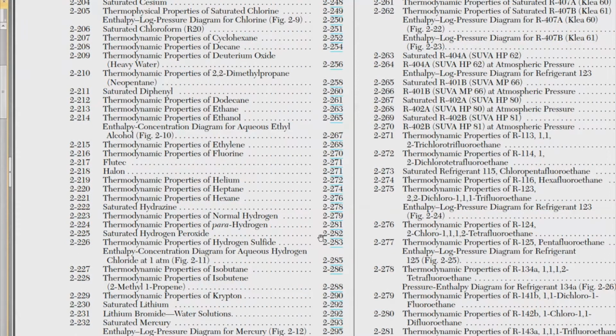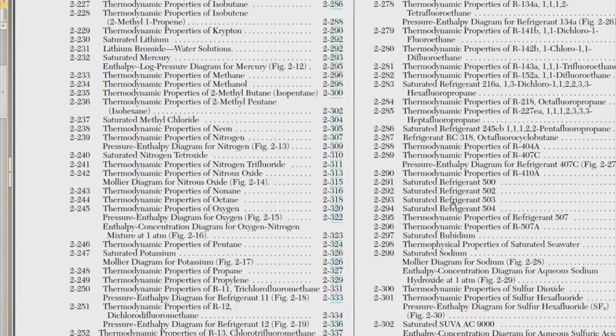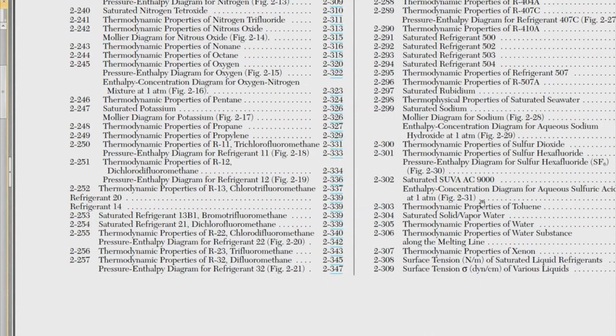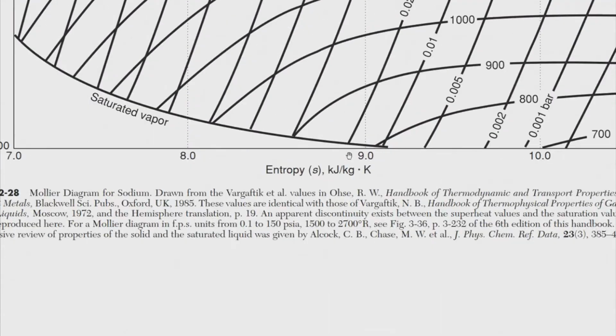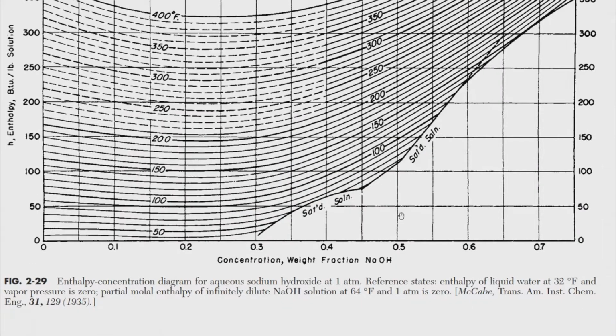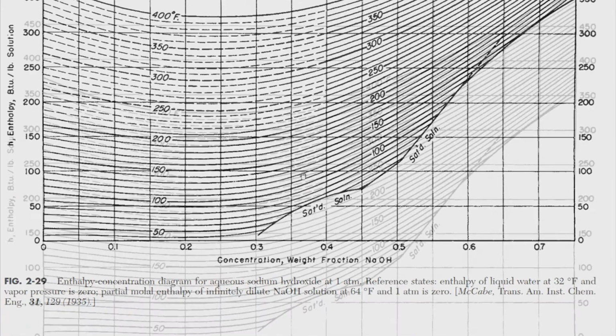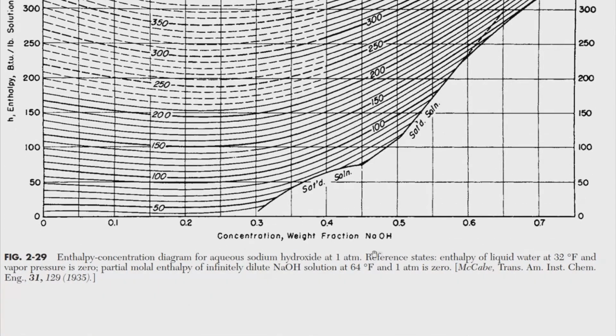So some compounds have this enthalpy concentration diagram, but of course not all of them. Fortunately, we have one for sodium hydroxide, and that's where we will be using this. Now let's look at this concentration, weight fraction, and enthalpy diagram for 1 atmosphere for sodium hydroxide.